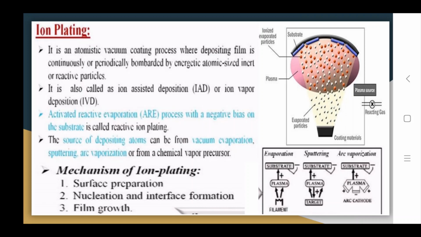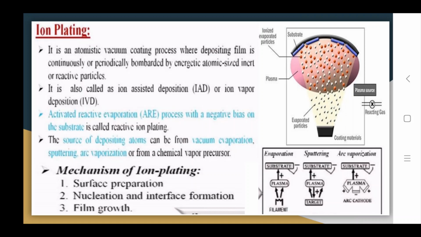It is also called ion assisted deposition, IAD, or ion vapor deposition. Activated reactive evaporation with a negative bias on the substrate is called reactive ion plating.